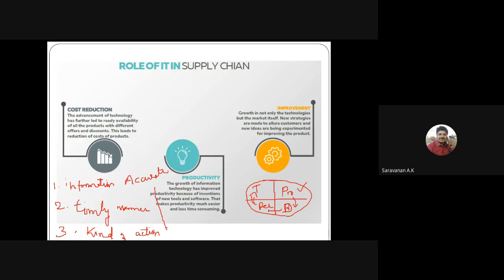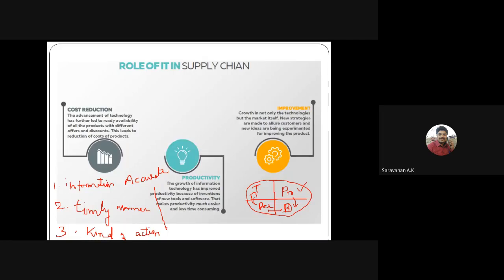So that will not help the customers, or help the supply chain management to run in a profitable manner. To make good decisions, the managers need to have the updated information when it is available, when it is accessible. There also we have to update the information. So the timely manner is a very important one, right?